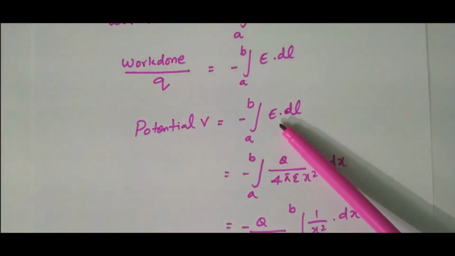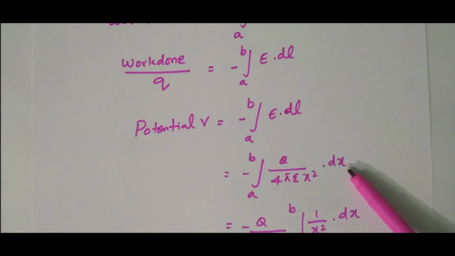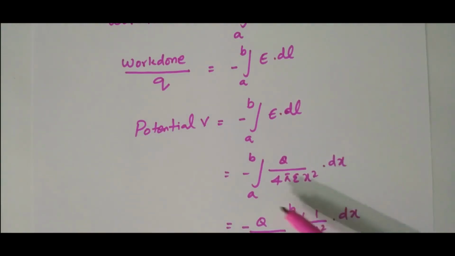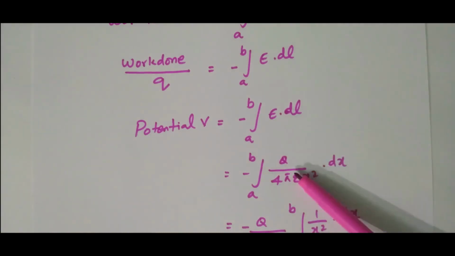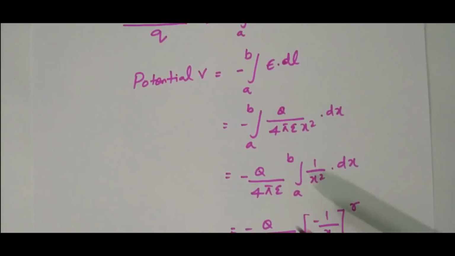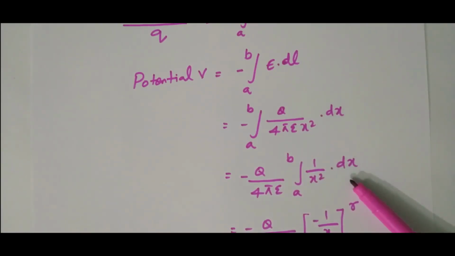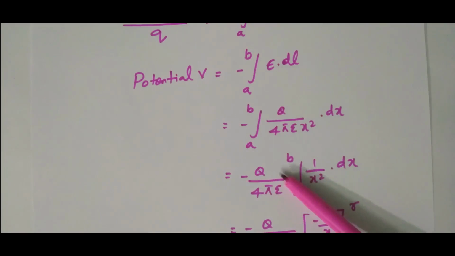Now we will replace this E with q divided by 4 pi epsilon x square into dx, with a limit of a to b. It is a general formula, q divided by 4 pi epsilon x square into dx. Here we have x, so here also dx. So minus q divided by 4 pi epsilon is constant, only we have integral a to b 1 by x square into dx. These terms are constant.